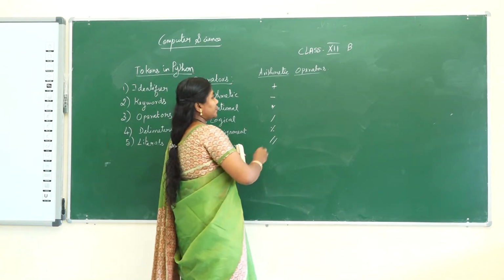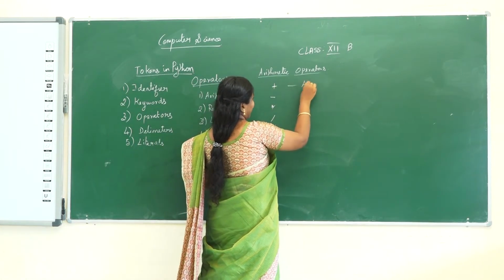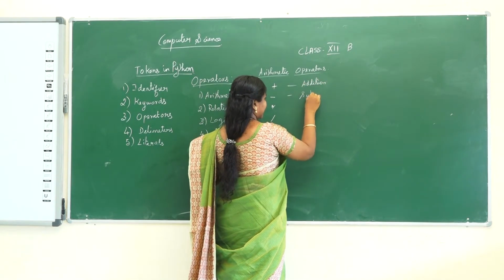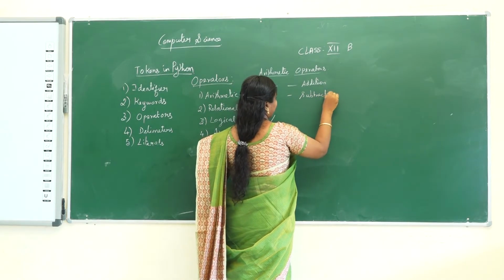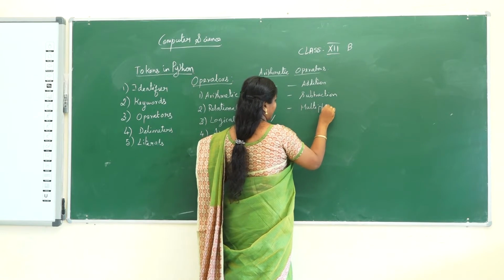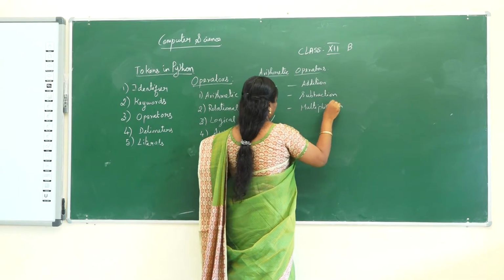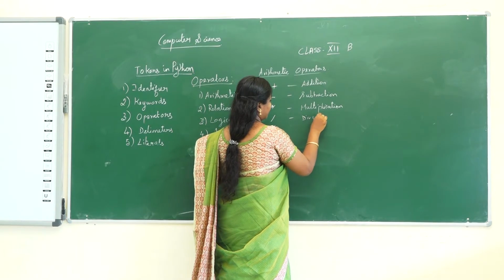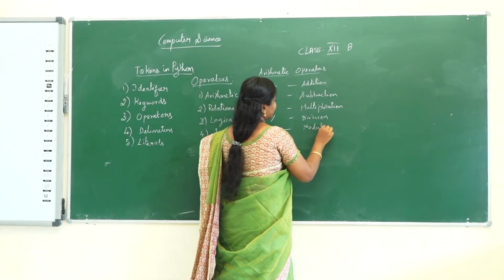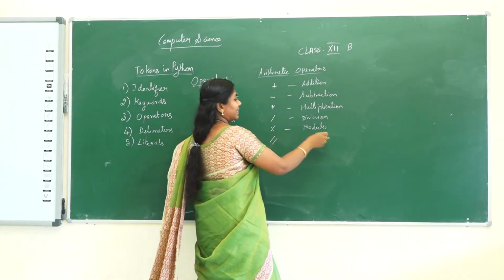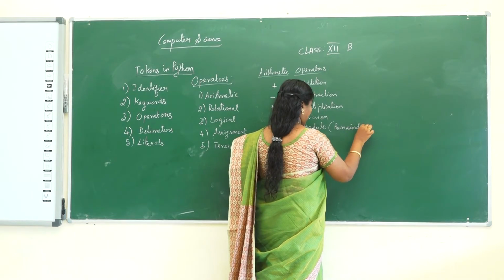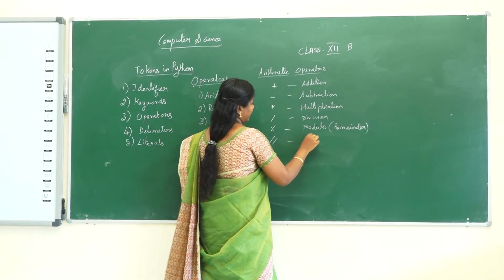As usual, plus is used for addition, minus is used for subtraction, star symbol is used for multiplication, and slash for division. The percentage symbol is known as the modulo symbol, it gives the remainder. And the last, double slash, is floor division.